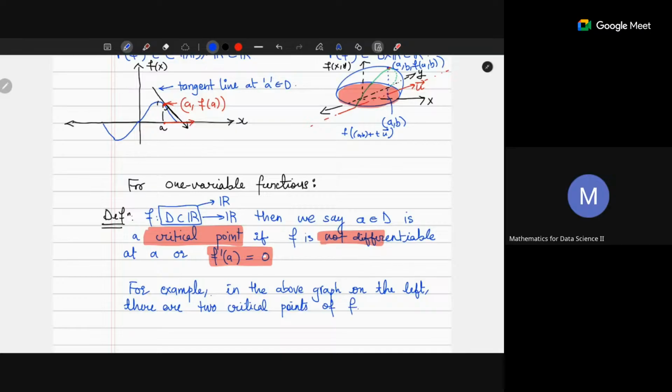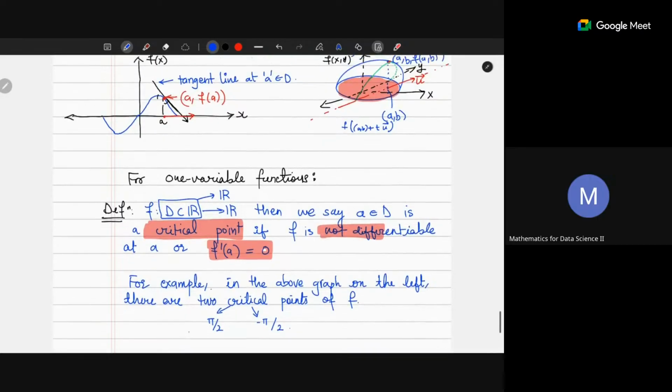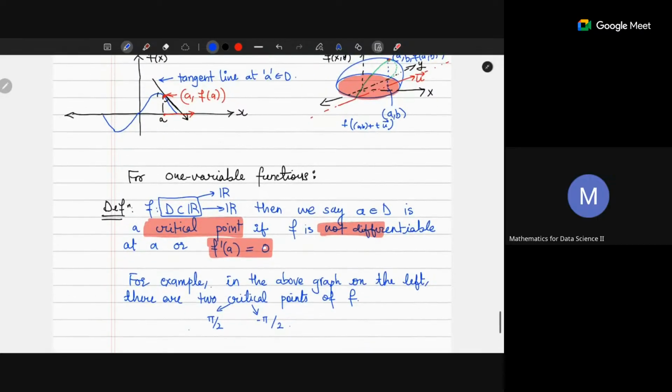Those two critical points are one at pi by 2 and the other at minus pi by 2. Now these two critical points are extremums. Why extremums? Because the function takes a local maximum value or a minimum value, so they are extreme points as well.